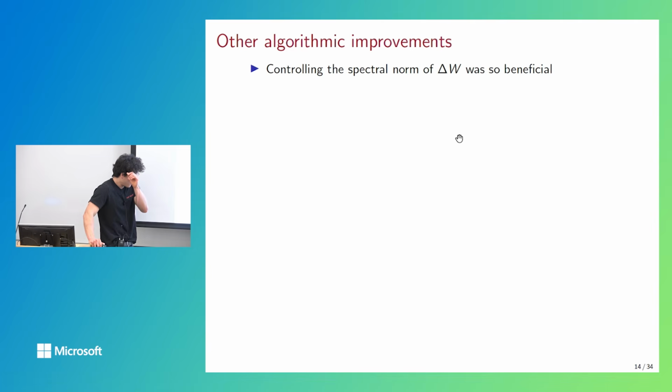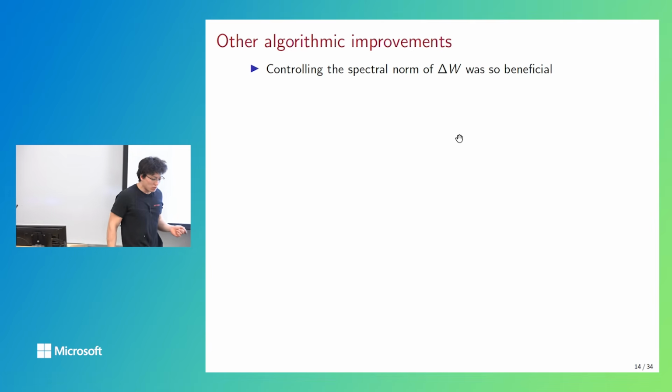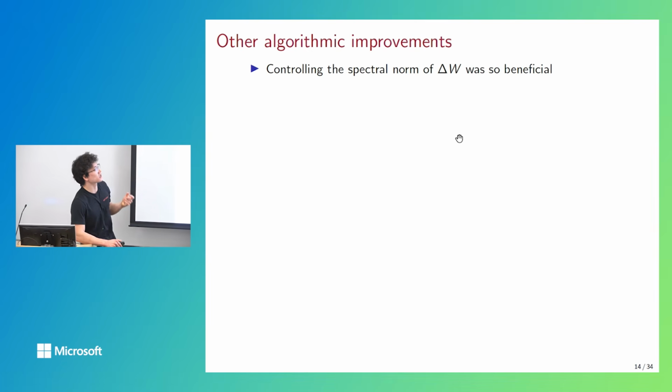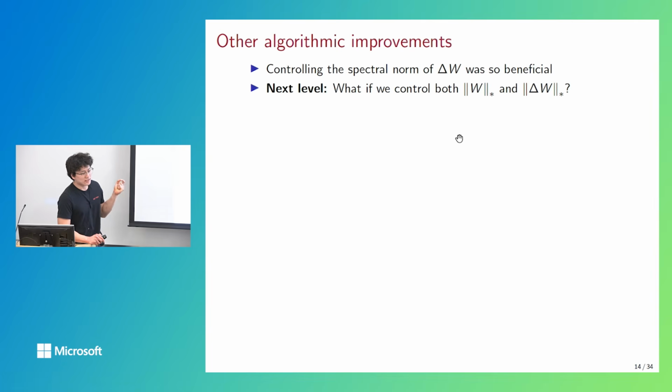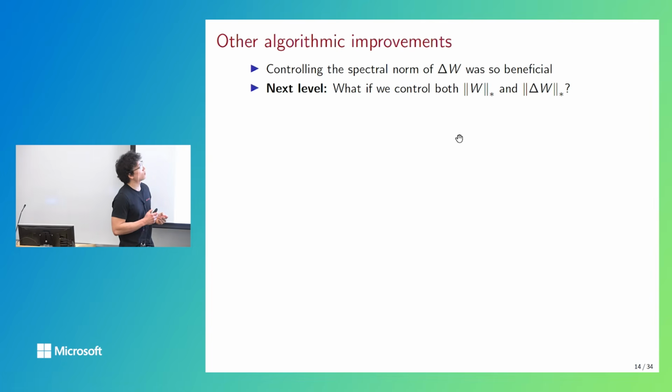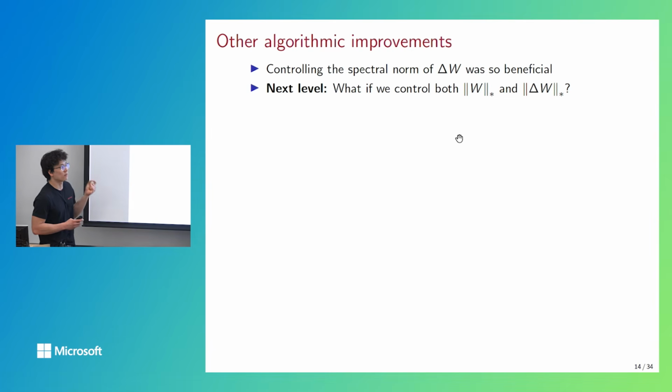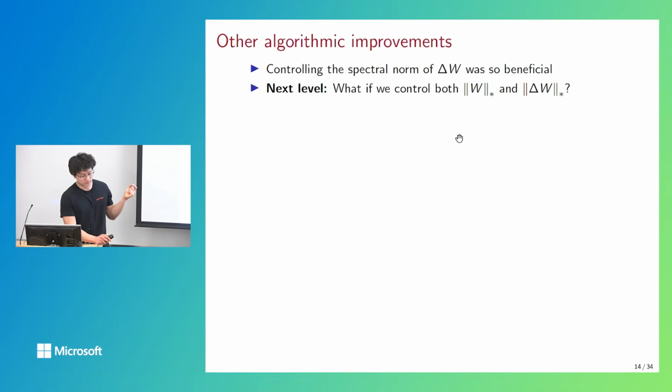So to motivate, the orthonormal update rule came out of the principle of controlling the spectral norm of the delta W, the weight update. The next simple question is, what if you also want to control the spectral norm of the weights themselves?